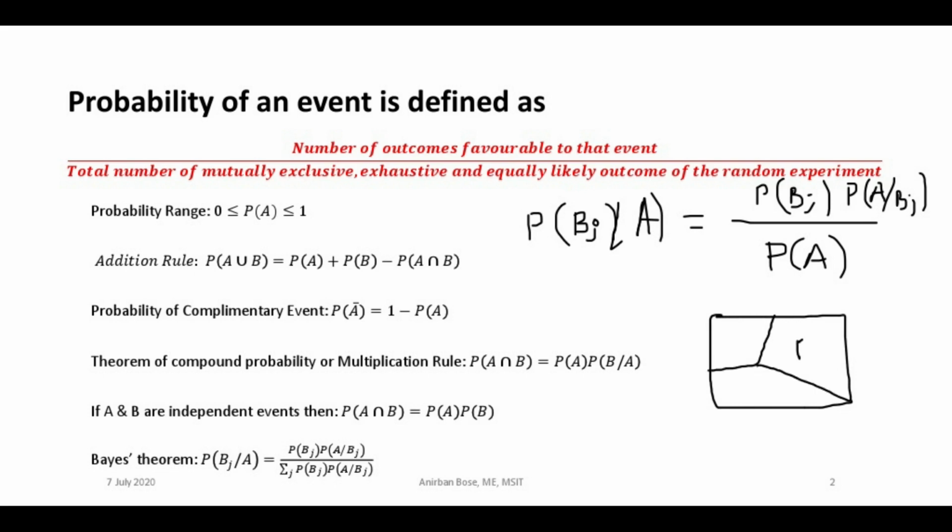Let us consider this is B1, this is B2, and this is B3. If this is the condition, then the probability of occurrence of any one of these B, given that A has occurred, can be found using this formula.